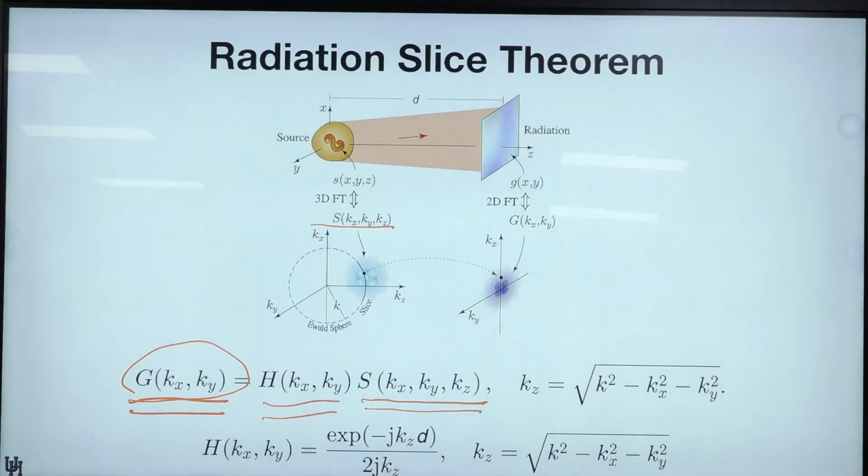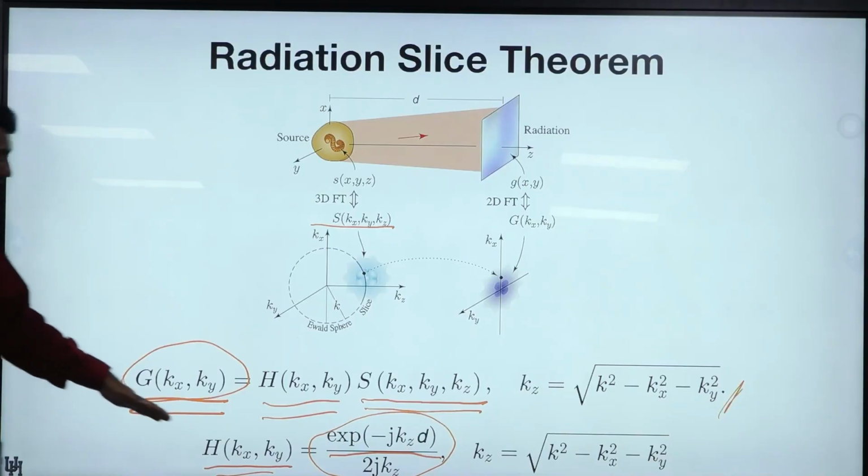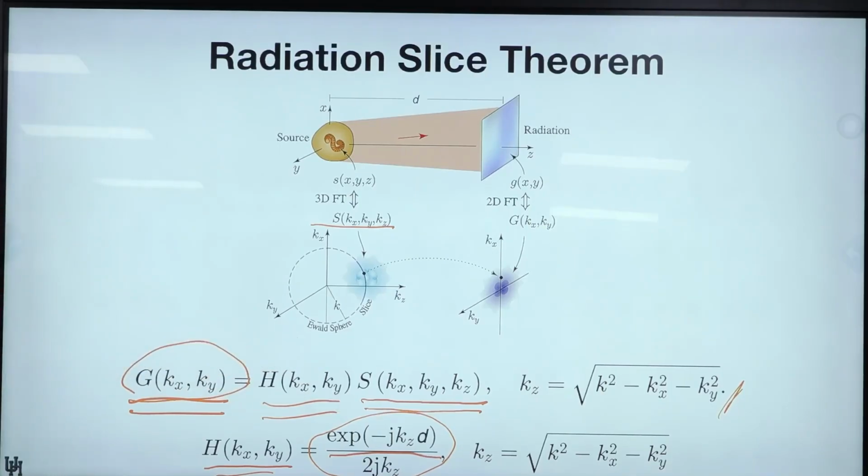The filtering kernel is basically the spherical wave operator, e to the i kz d divided by 2j kz. That's the nature of this filter, where kz is defined here.